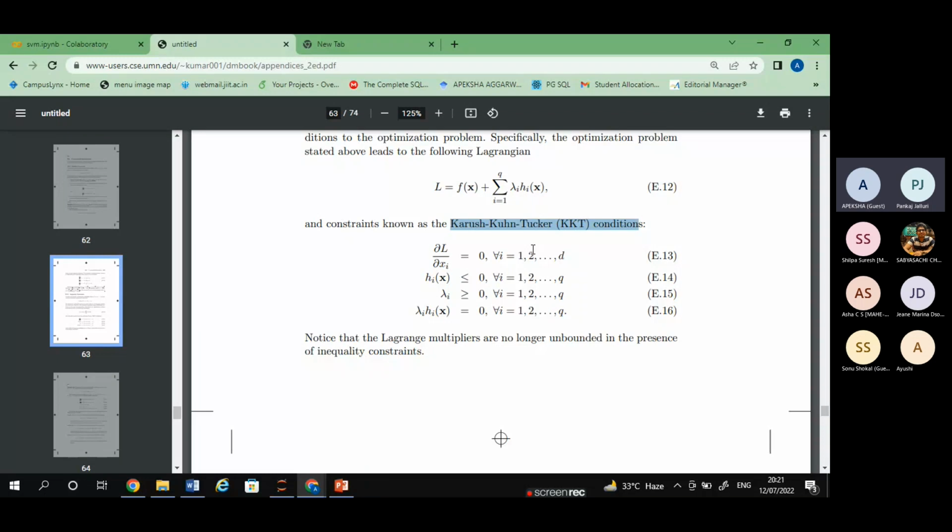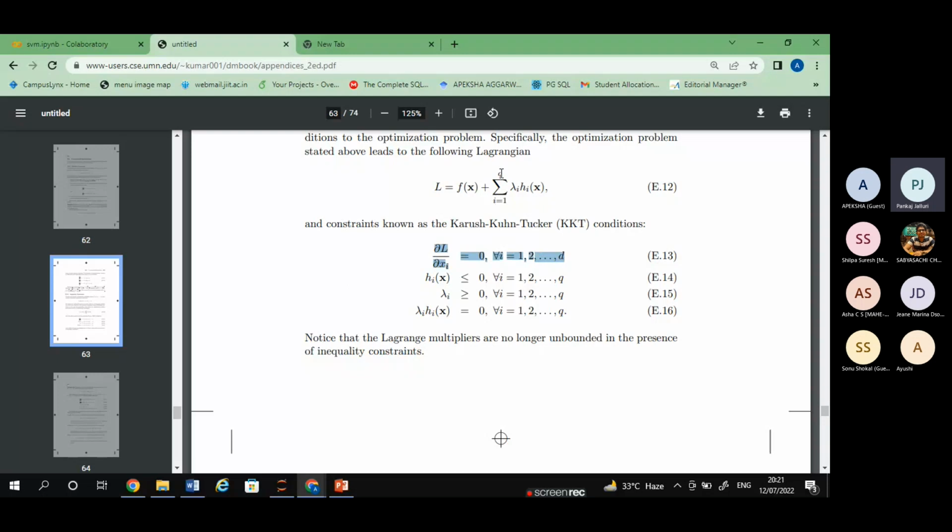So what you will do is you will apply KKT conditions. And there are four conditions that you must remember for solving this kind of problem. So the first equation is exactly the same. You just derivate it with respect to all x and y's and set it to 0. This is what you already do in Lagrangian.